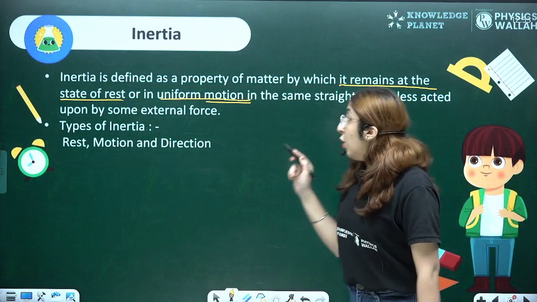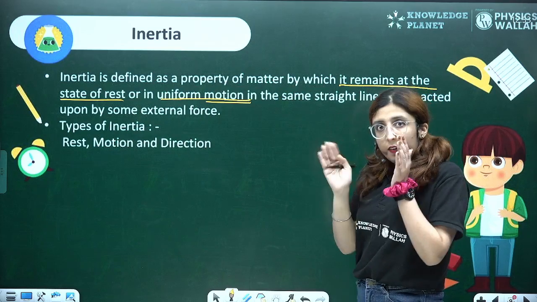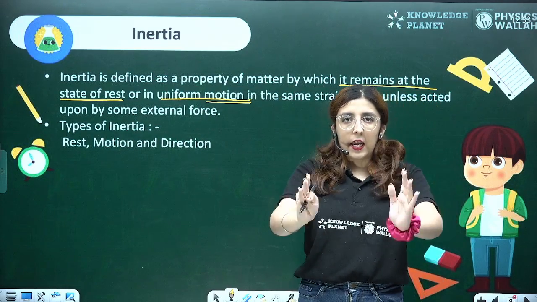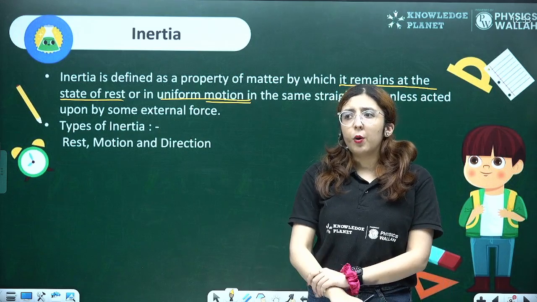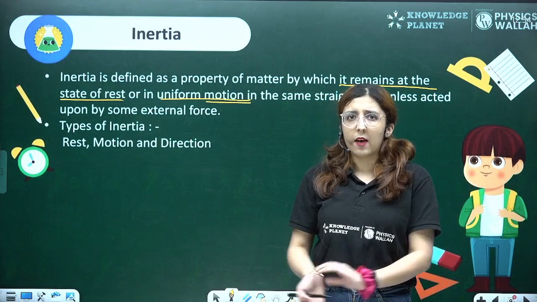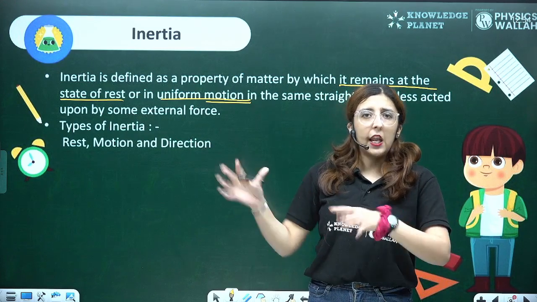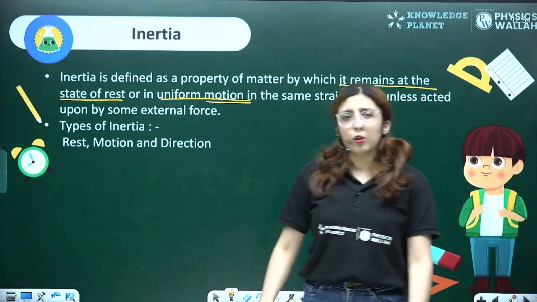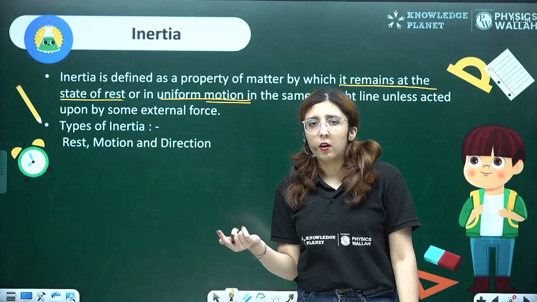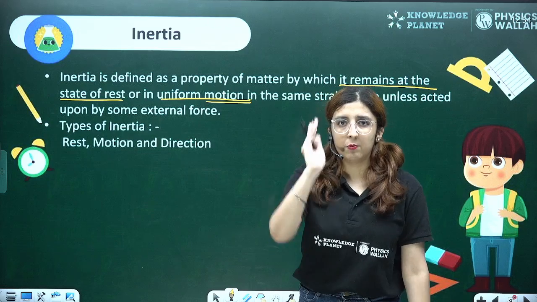If it is in motion, it wants to stay in that straight line. Nobody likes to move in circles. They always want to move in the straight direction, move ahead.